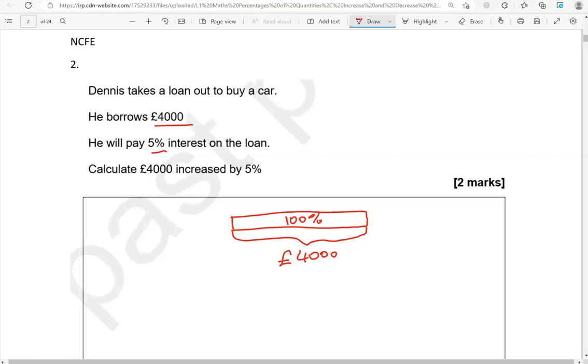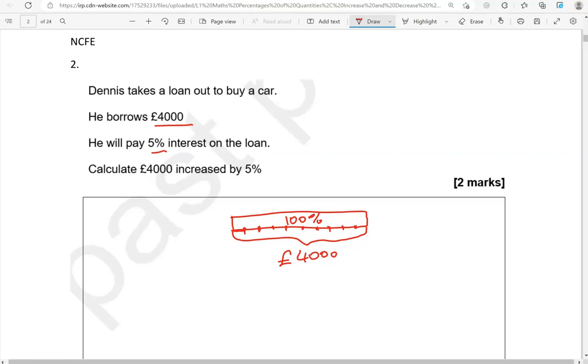Now, he will pay 5% interest. 5%, that is equal to half of 10%. So what I'm doing is splitting the full amount into 10 equal parts first. So each of these divisions is equal to 10%.